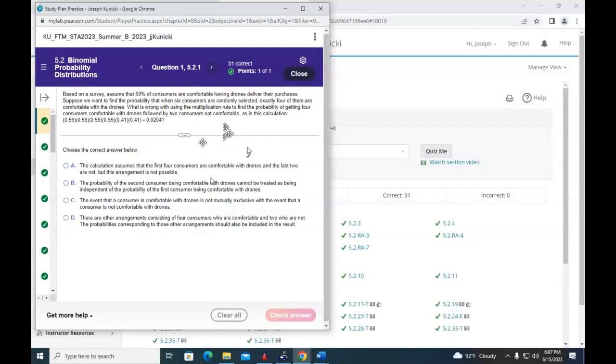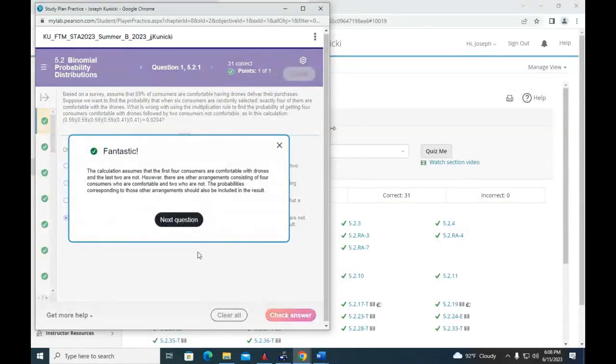So the order is specific to having just one ordering. That's the problem. The probabilities are correct because success is 0.59, so failure is 0.41 because they have to add up to 1. The problem is that there are other arrangements.